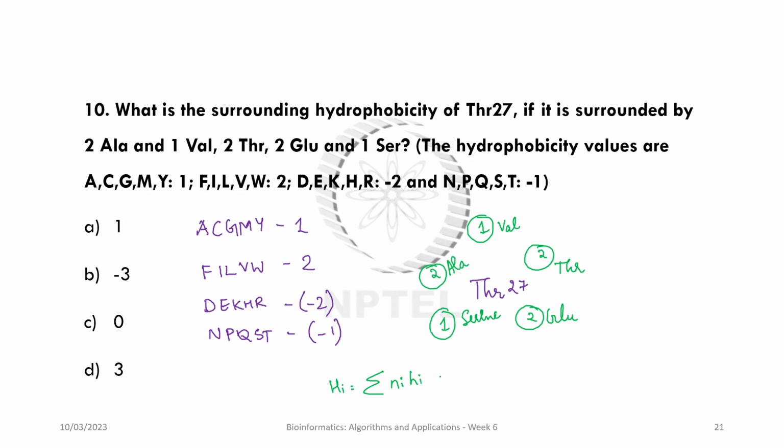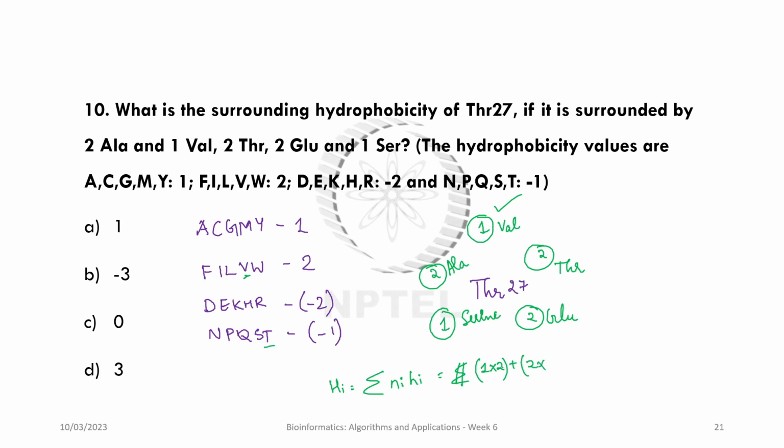Right? So, summation of how many do you have? 1 into valine. Valine is here 2, plus 2 into threonine.